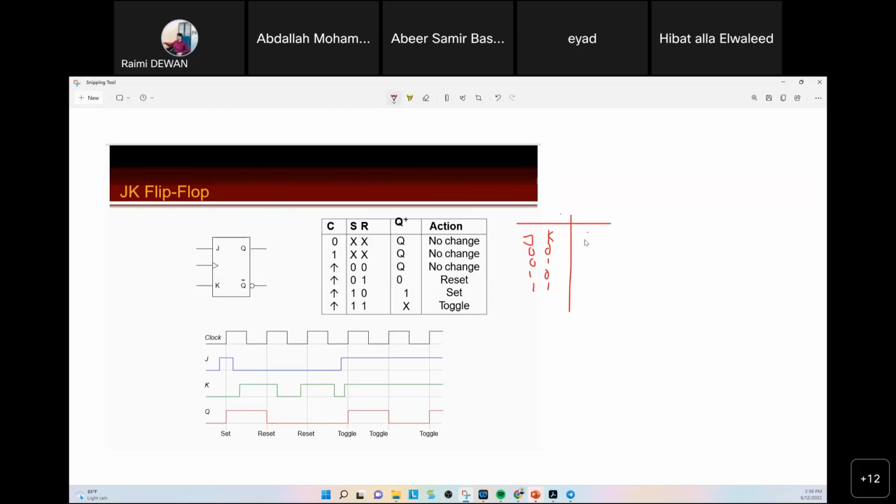So we have the next state Q plus, then we have the current input, and also the current state.